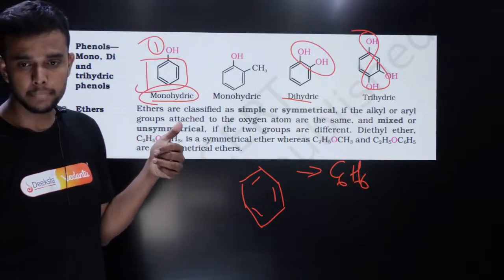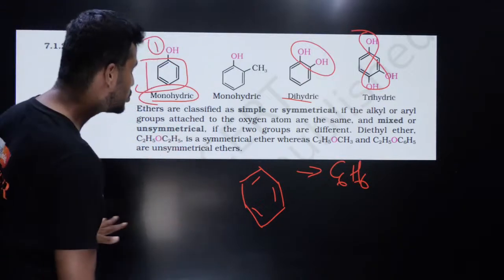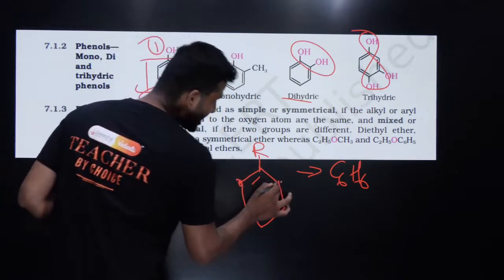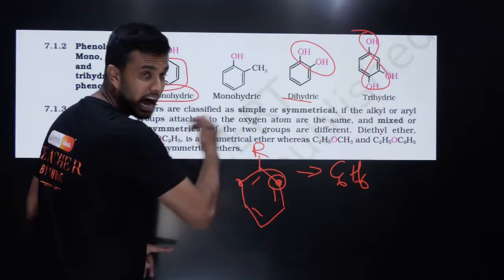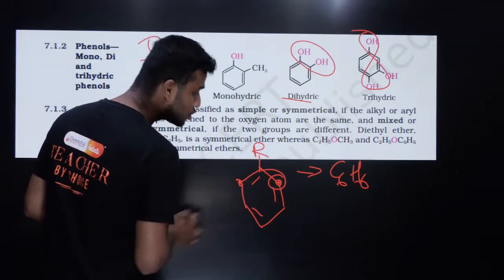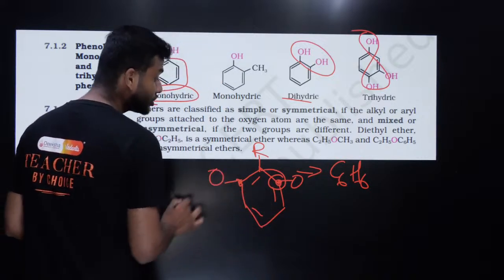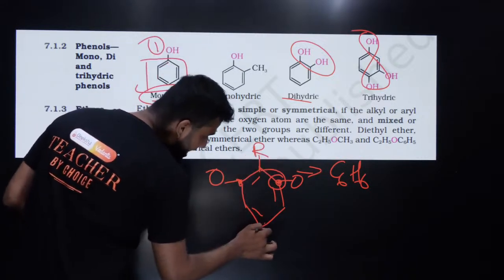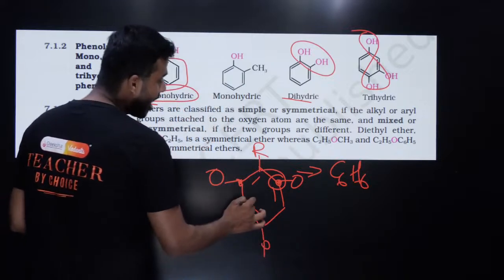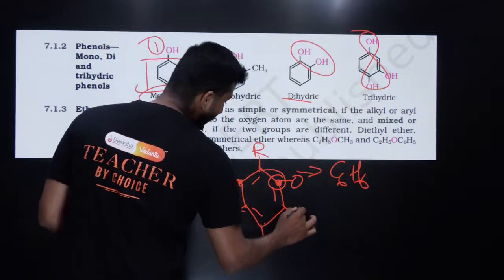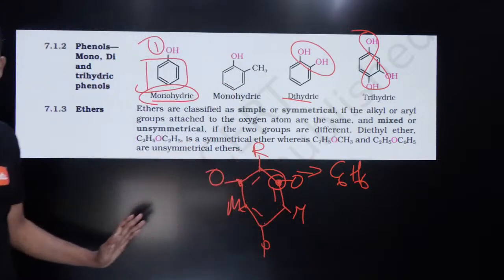Hey students, whenever a group is present here, the carbon next to the position of that group is called the ortho position. Exactly opposite position is called para, and the one next to ortho is called meta. First ortho, meta, para. This is very important, my dear students.